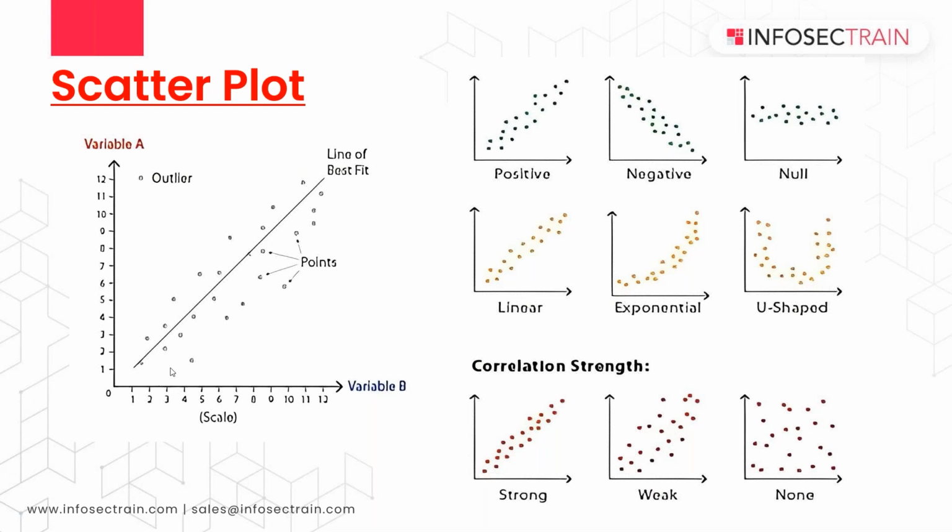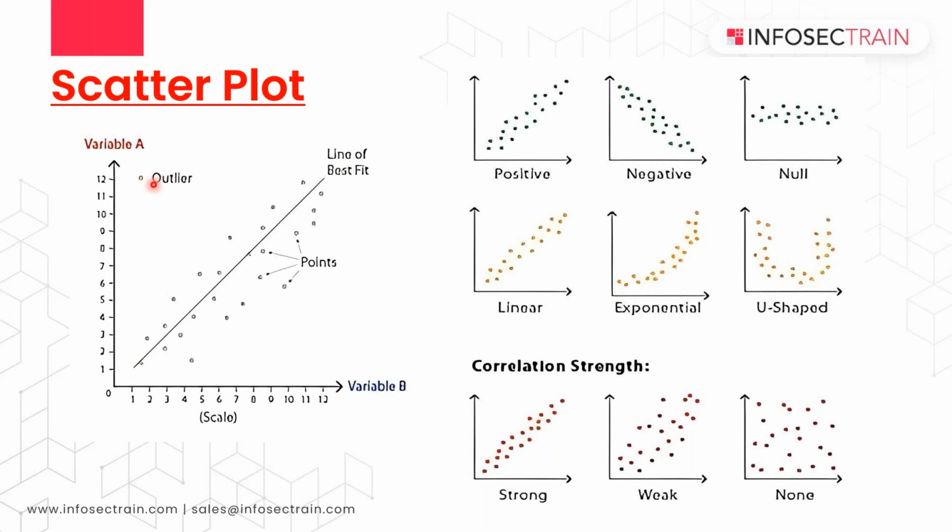Now here you can see in this particular data, this is my first data point. The x coordinate value of this particular data point is around 1.5, right? And for this one as well, this is also 1.5, right?